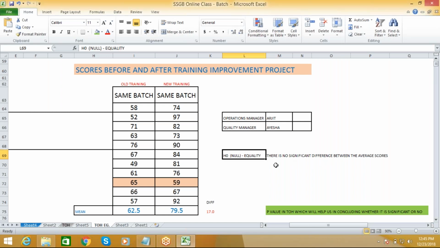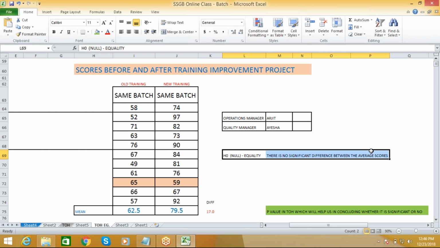Now, where should I paste this? Is it me who is supporting the null hypothesis, or is it Arjit who's supporting the null hypothesis? Think carefully and tell me. Piyush, are you sure? Yeah. Okay.